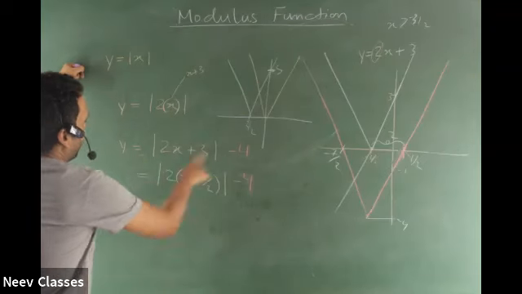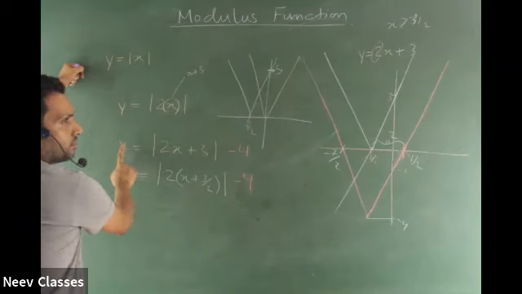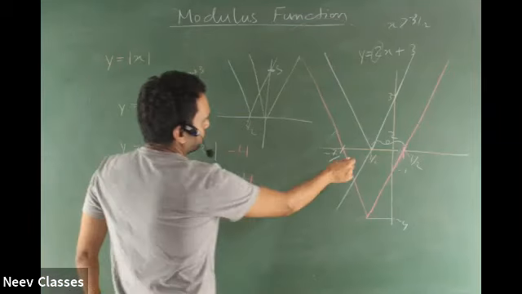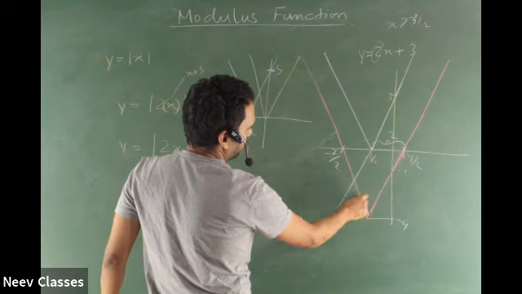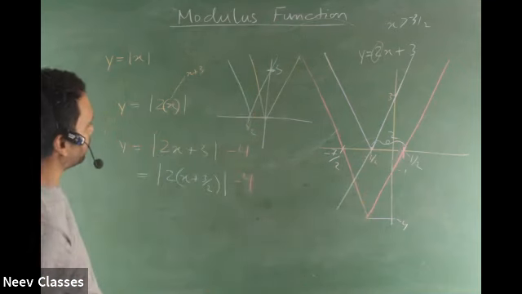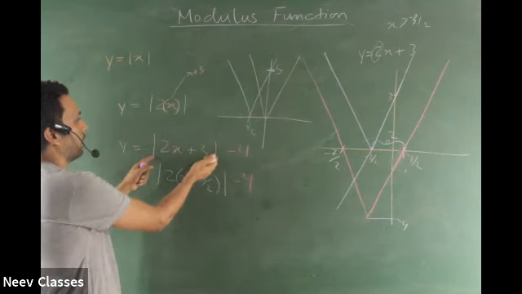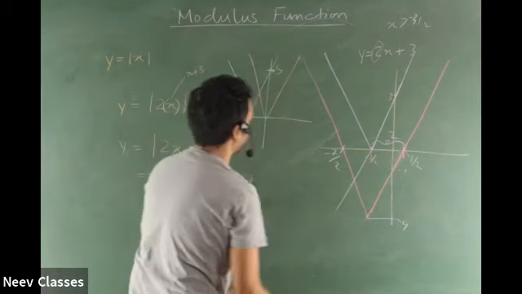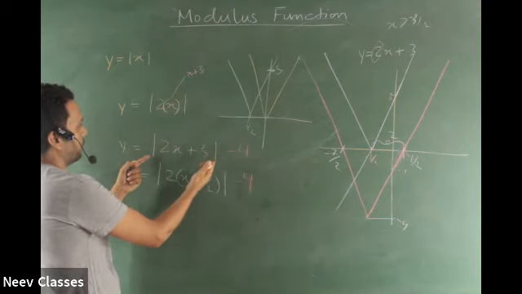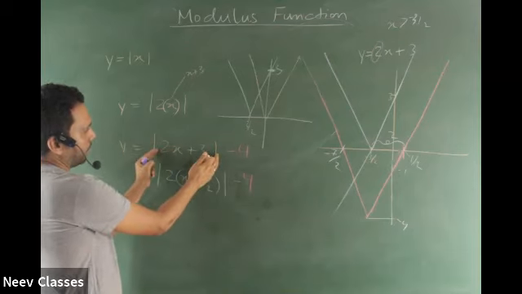Now, if I say this, can y be negative? Yes, y is negative. Y is a -1 somewhere, a -2 somewhere, a -3 somewhere, a -4 somewhere. Sometimes people say, sir, you gave a mod graph. How can it be below the x-axis? How can it be negative? Y is negative. This part is not negative, this part is negative.